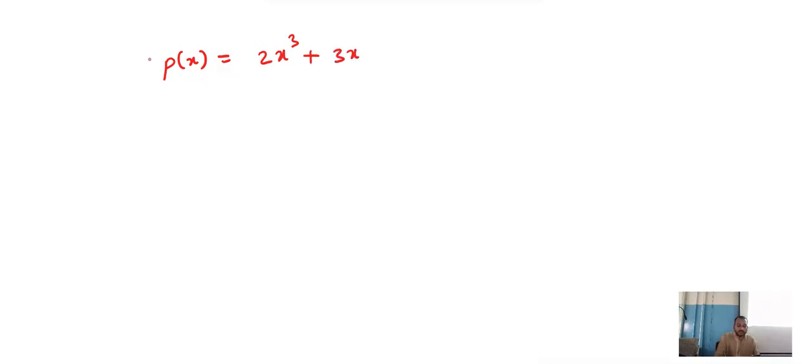If p of x is equals to 2x cube plus 3x square minus 11x plus 6, then find the value of p of 1.